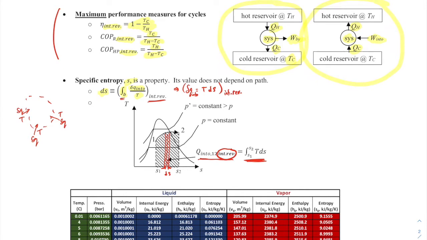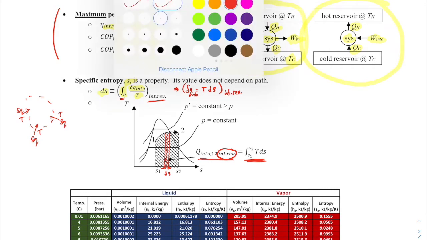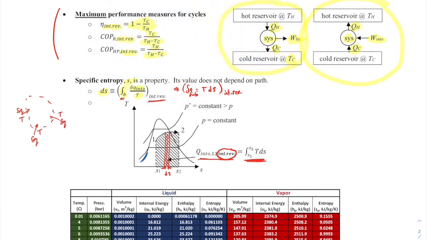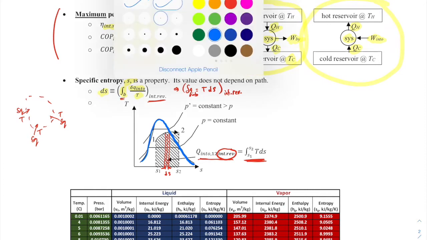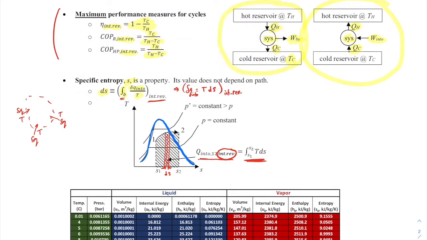By the way, while I'm on the plot here, I should just point out these TS diagrams we're going to use very frequently. They look very similar to Tv diagrams, at least in our sketches here. In a real plot, when everything's proportional, they do look different, but as a sketch, they look similar. We still have the vapor dome, which looks much the same as it did in a Tv diagram, and then we also have isobars that look much the same as what they did in the Tv plot.